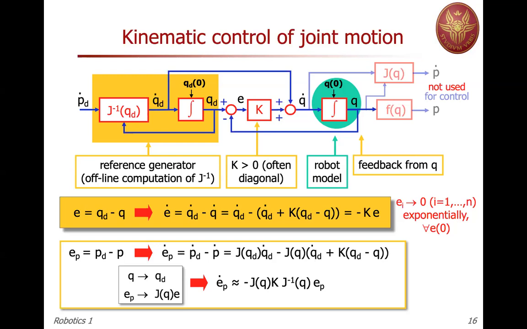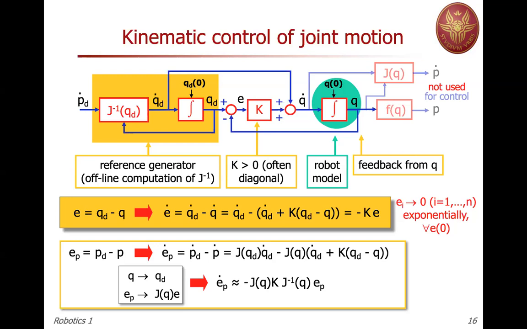But this is a special case that we don't consider here. First, because we have a square situation, and second, because we assume that the Jacobian is invertible. In fact, in the trajectory generator, we have the inverse of the Jacobian. So when you have a joint error, you will also have a Cartesian error, okay?